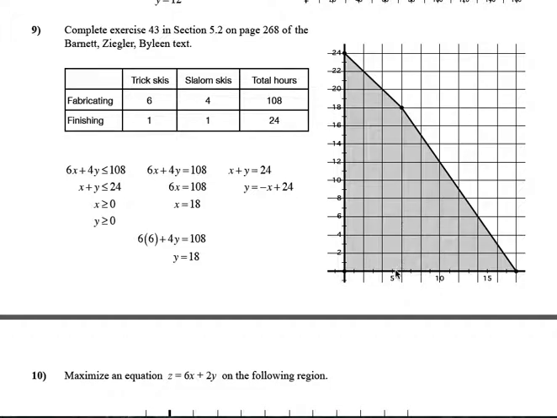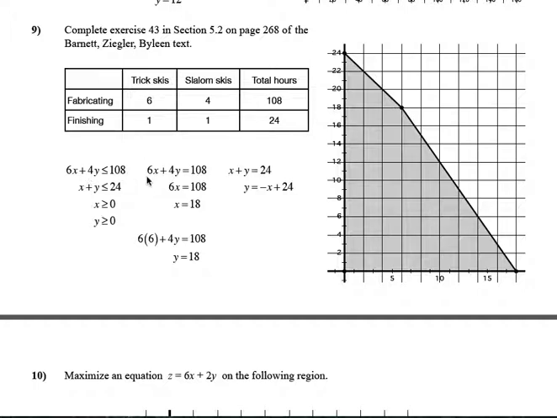And we'll be shading the area above the x-axis, because those are all the y values that are greater than or equal to 0. And then we need the lines that correspond to these inequalities.